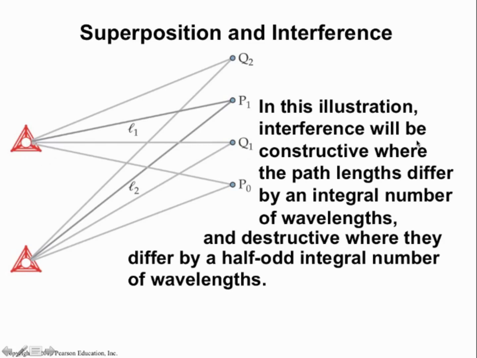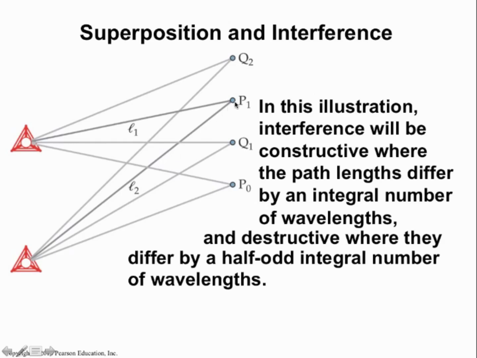And interference will be constructive where the path lengths differ by an integral number of wavelengths, and destructive where they differ by a half-odd integral number of wavelengths. All that means is, okay, let's say that we have L1 here and L2. L1 comes from one light source, and L2 comes from another light source, and they both meet up at P1.